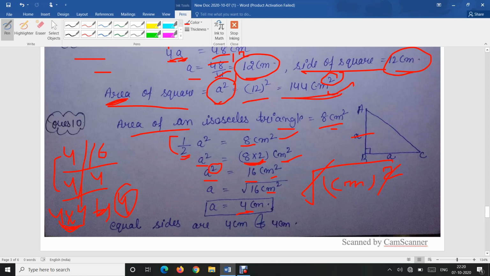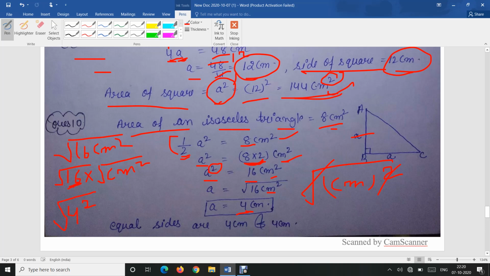Okay, now see, you have under root 16 centimeter square. You can write it as under root 16 multiplied by under root centimeter square. This 16 can be written as 4 square because 4 fours are 16 and square of 4 is 16.